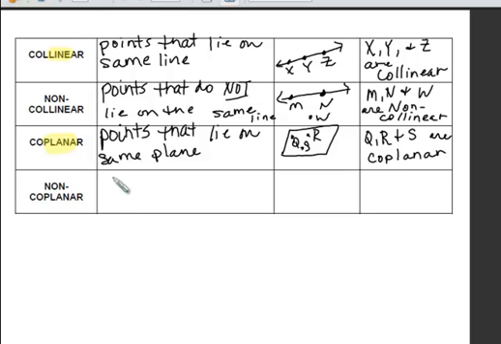And then non-coplanar: points that do not lie on the same plane.